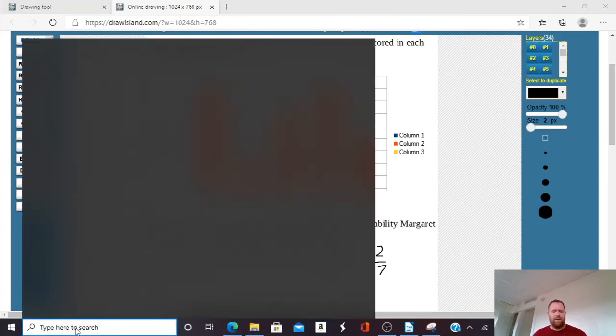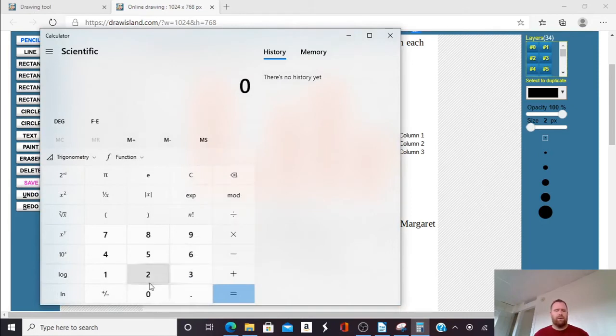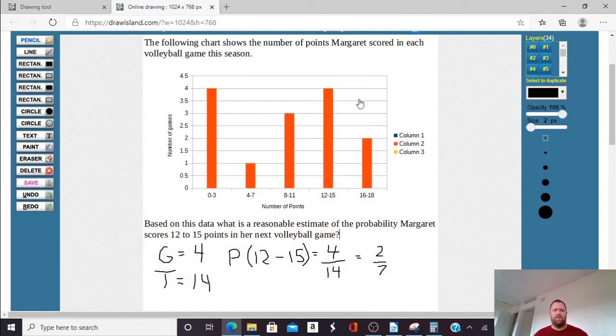Let's take out a calculator. Okay, 2 divided by 7 equals 0.285. I'm going to round that to 2 decimal places and write 0.29. So you may see the answer as 2/7 or 0.29 if it's rounded to 2 decimal places.